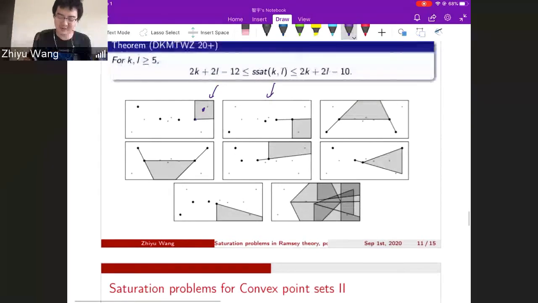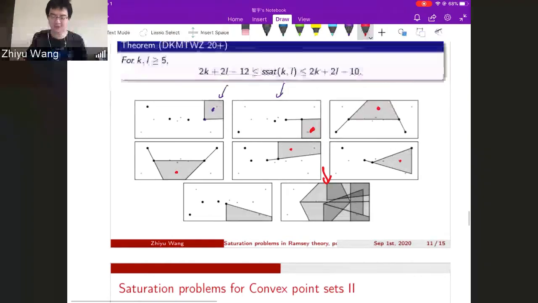Similarly, if you add any point into this gray region, you are going to have a 5-cap. When we union all of them together, it covers half of the plane, and by symmetry it also covers the other half. So no point can be added into the plane while avoiding a 5-cup or a 5-cap.